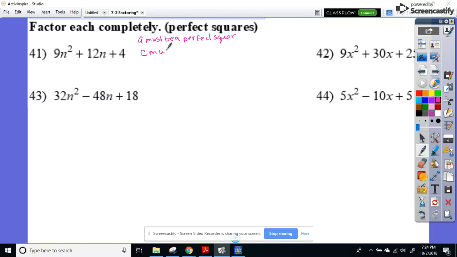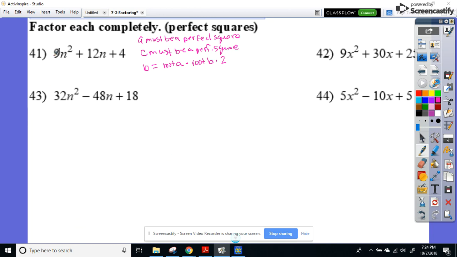C must be a perfect square. And B must equal the root of A times the root of C times 2.